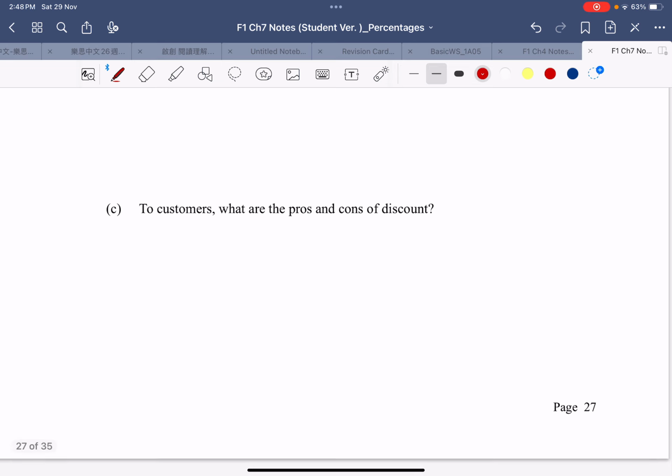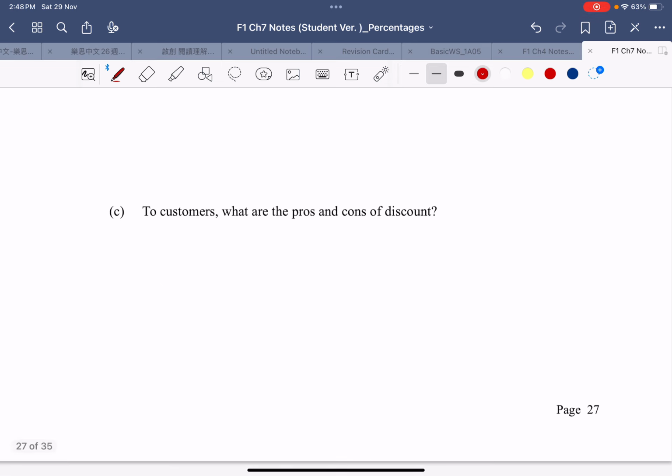And then to customers, what are the pros and cons of discount? Of course, I can think of many pros. Customers can buy goods at a lower price. Of course, this is good.